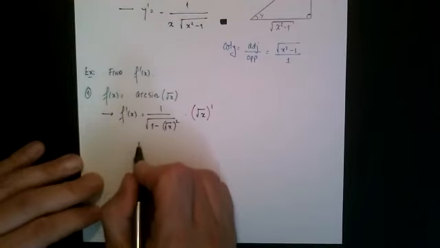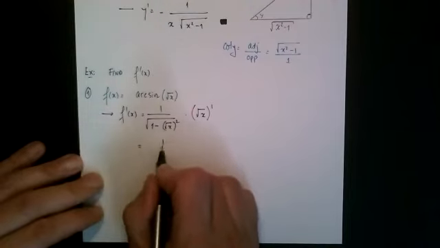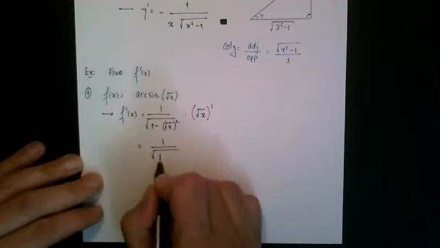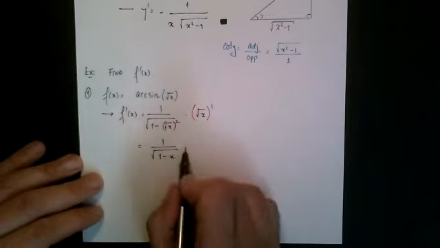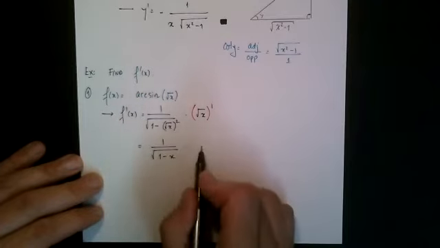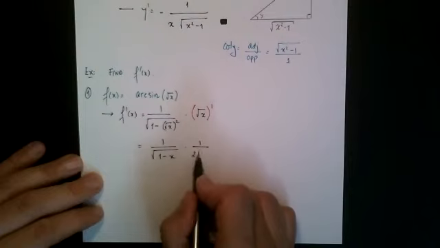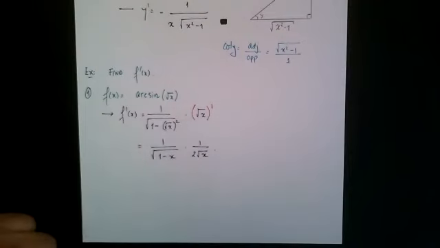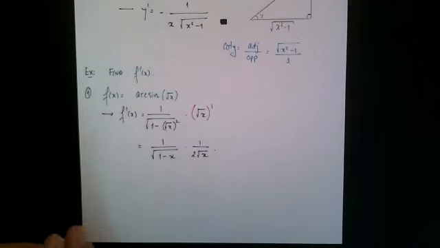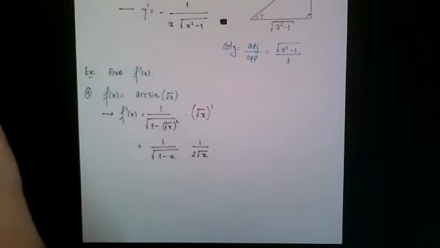And that's it. So it's going to be equal to 1 over the square root of 1 minus x times the derivative of the square root of x, which is 1 over 2 times root x. Any questions? Okay.